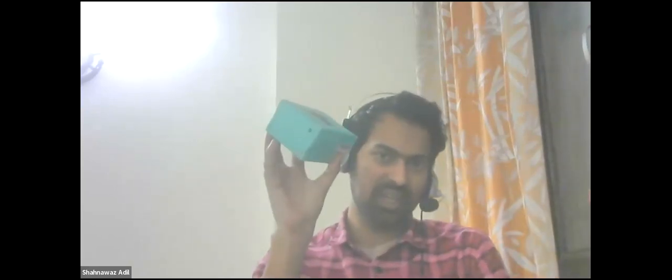What would be the total surface area of this structure? This has six surfaces, right? So this has 6a square surface area.